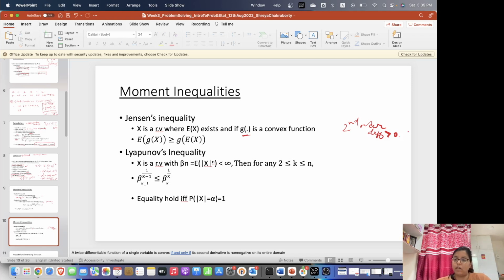It should be non-negative. Second order difference, this should be non-negative. There are other formulas also, you can check them out.